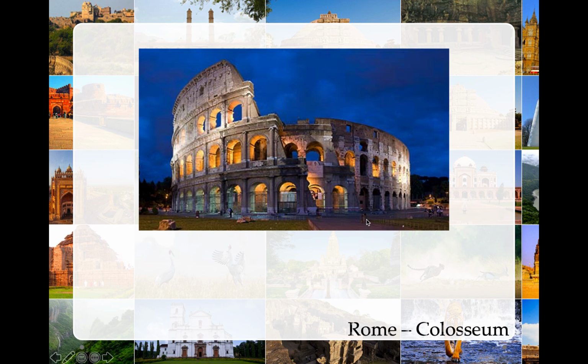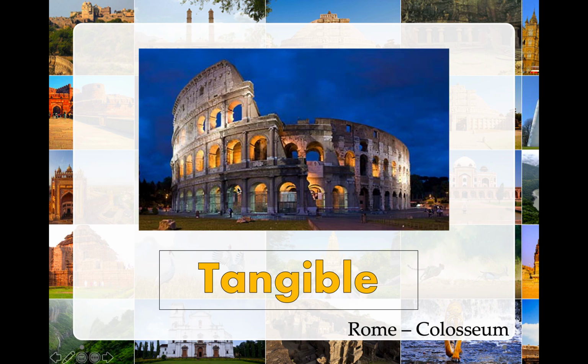Over here, we have the Colosseum in Rome. Wow, it's so beautiful. Do you think this is tangible or intangible? Amazing, superstar. This is tangible because we can actually touch the structure.